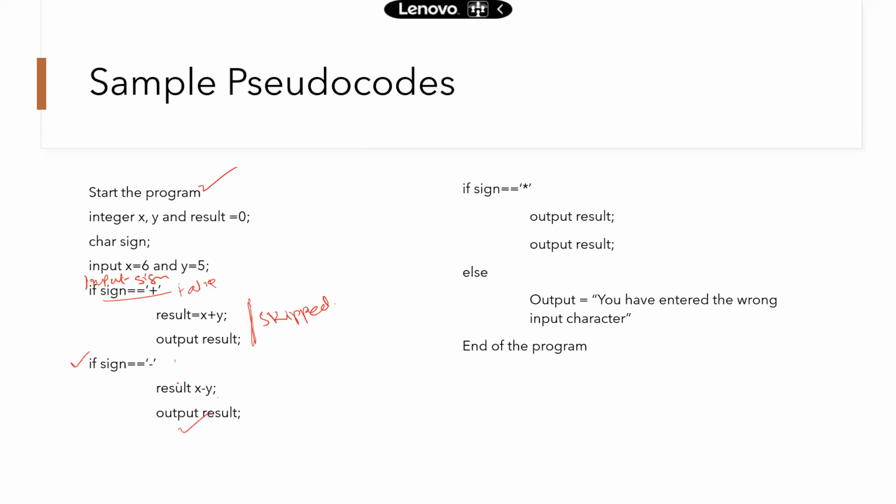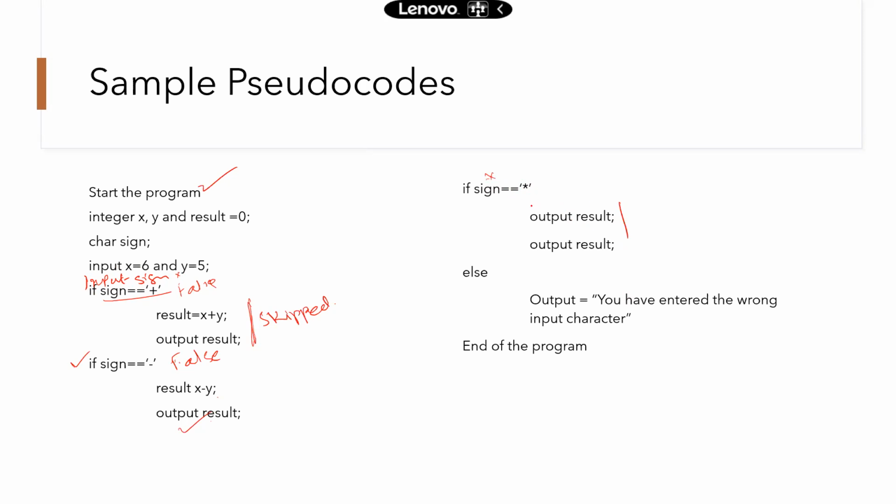Okay, right. And then if this is false as well, and the input that we had taken over here was not even a negative sign, or sorry, minus sign, it is going to traverse to the third condition over here, which is a multiplication. So if we had taken a multiplication sign as an input, and this sign is equal to the multiplication sign, this is going to traverse this body, right?